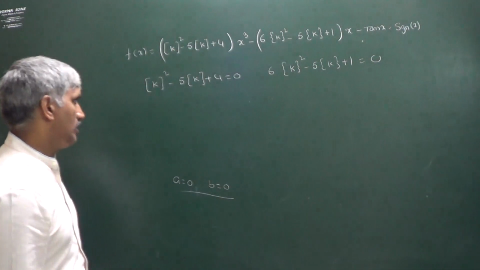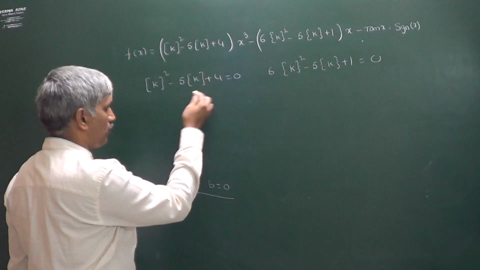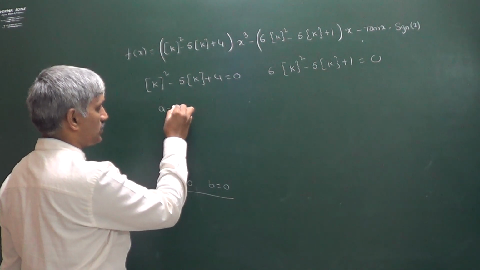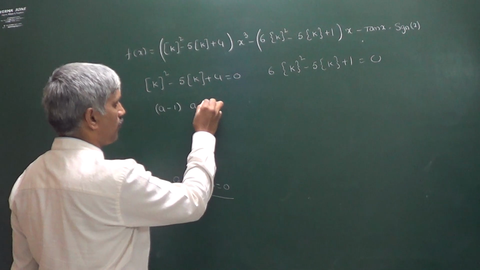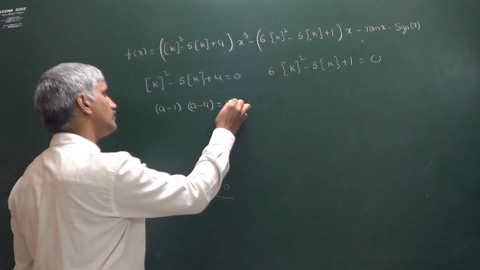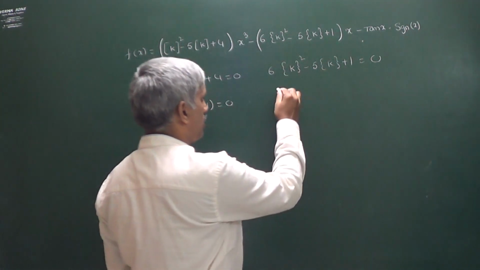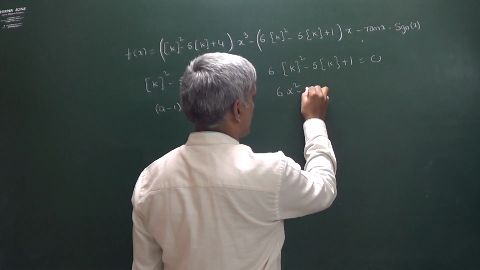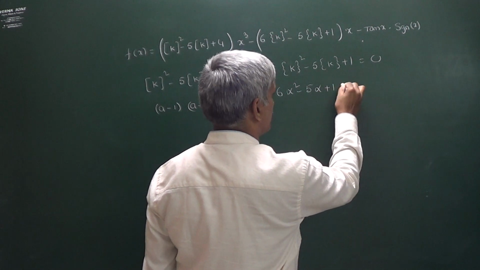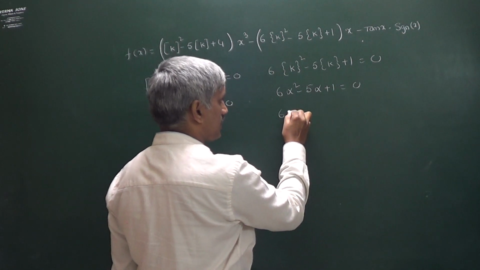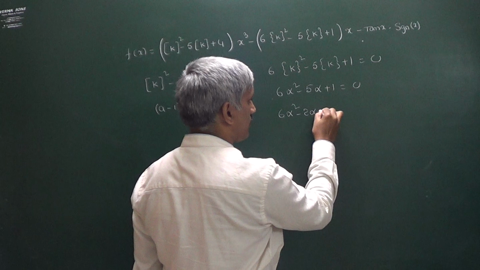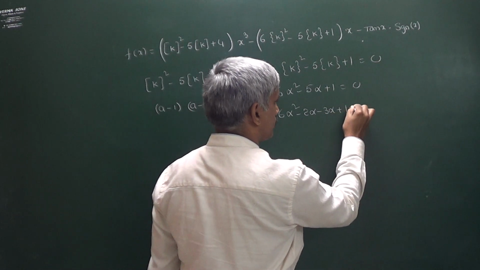Now I can write a square minus 5a plus 4 as a minus 1 into a minus 4 is equal to 0, right? A square minus 5a plus 4 factorization. Here also we have 6 alpha square minus 5 alpha plus 1 is equal to 0. Factorization: 6 alpha square minus 2 alpha minus 3 alpha plus 1 is equal to 0.